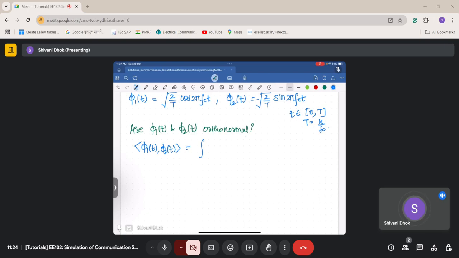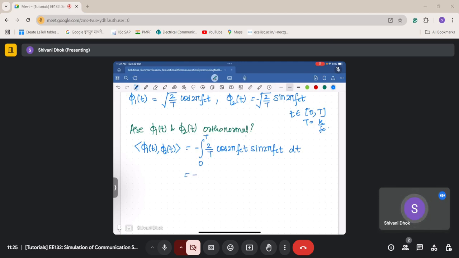It is equal to integral 0 to T of minus 2 by T cos 2 pi fc t sin 2 pi fc t dt. So 2 sin a cos a is sin of 2a.